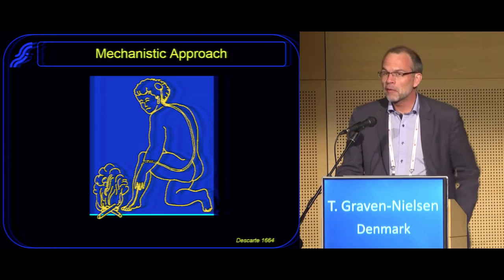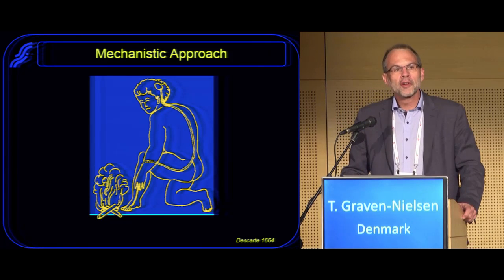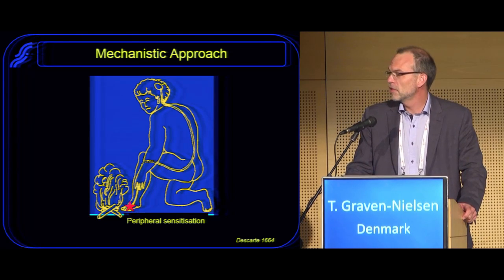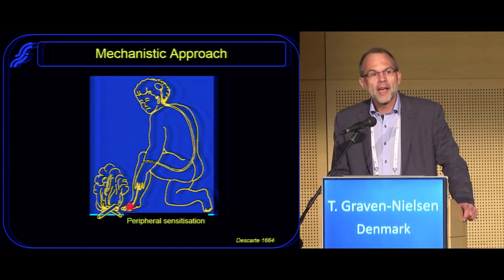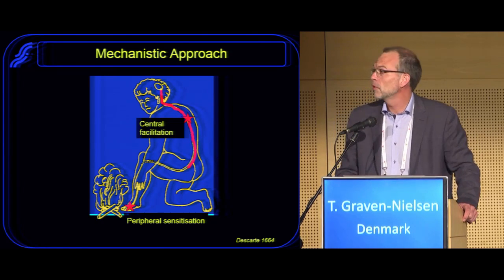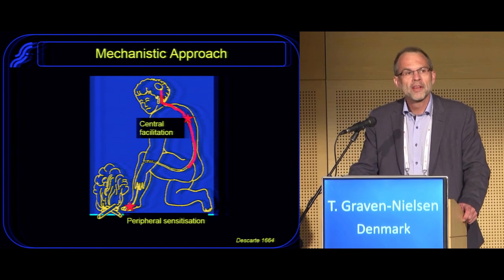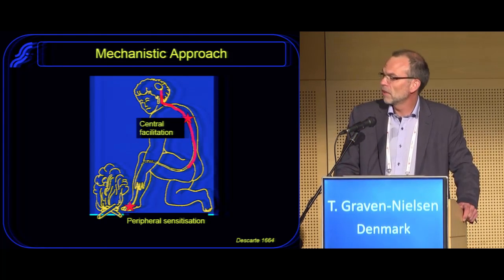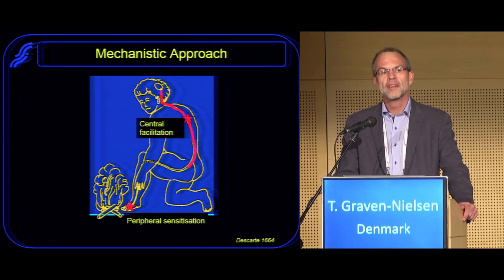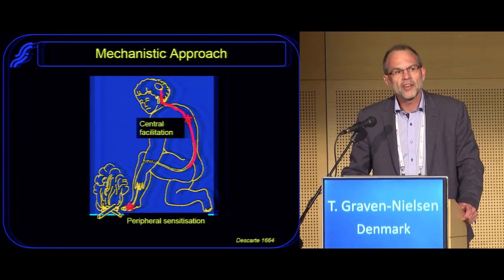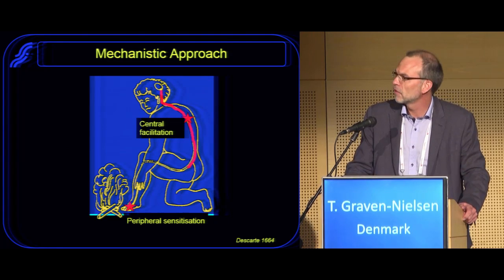So outlined in another way, we have learned now that we can have changes in the periphery. We have also many different types of changes in the central nervous system when we have ongoing pain. This is defined as central sensitization. I've started to use central facilitation instead, because central sensitization is a very discussed phenomenon nowadays.